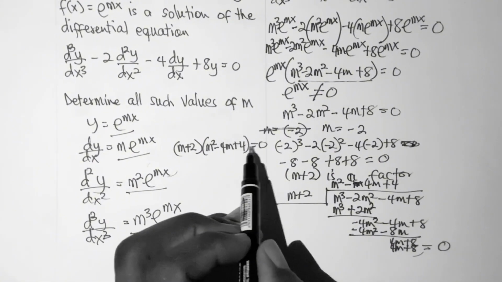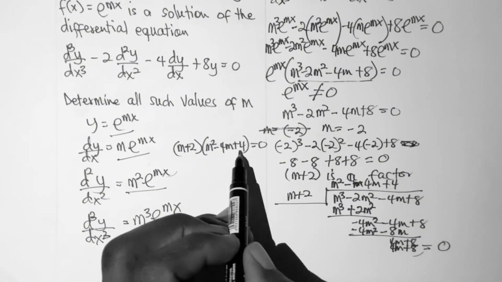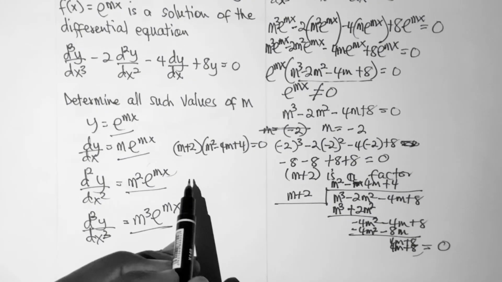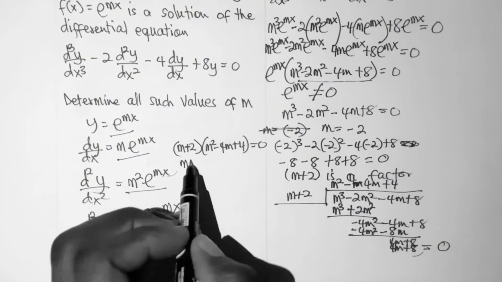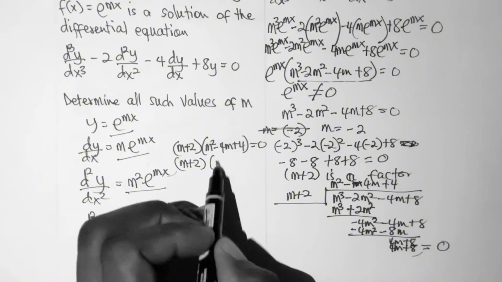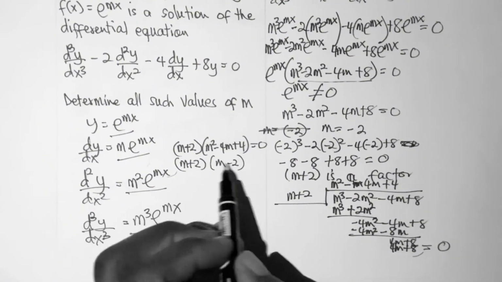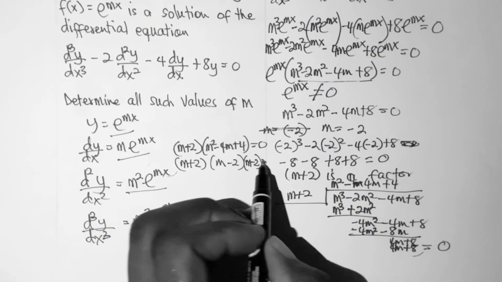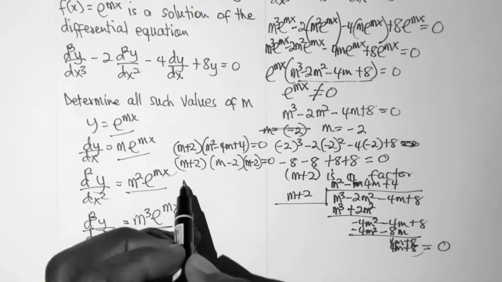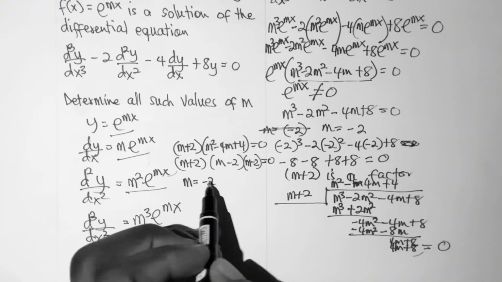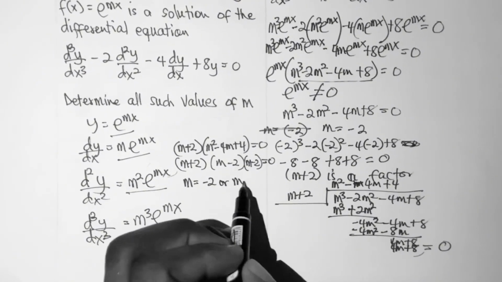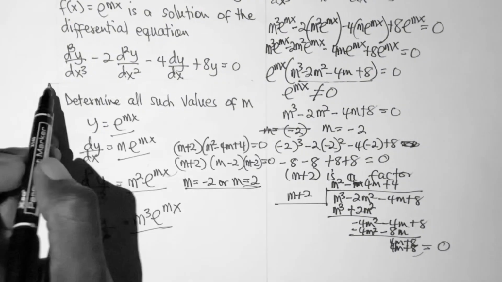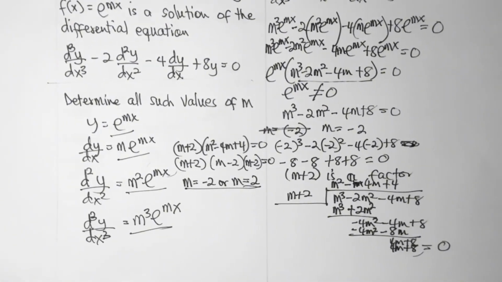So minus 2 times minus 2 is plus 4, and minus 2 plus minus 2 is minus 4. And therefore, we have m plus 2, then m minus 2, but this will be a repeated root, times m minus 2 is equal to 0. So the values of m are m equals minus 2 or m equals 2. These are the values of m that will satisfy this differential equation.